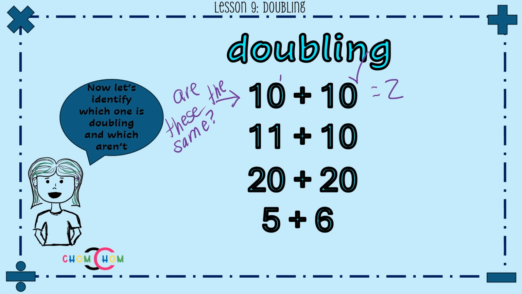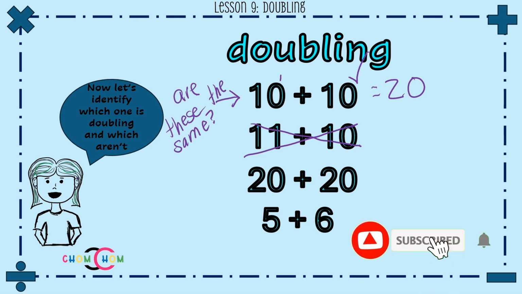So that's going to equal 20. Is 11 plus 10 doubling? No, it is not adding the same thing. Is 20 plus 20 doubling? Yes, because we are adding the same thing together. Now we get 40 because 2 plus 2 equals 4 and 0 plus 0 equals 0.